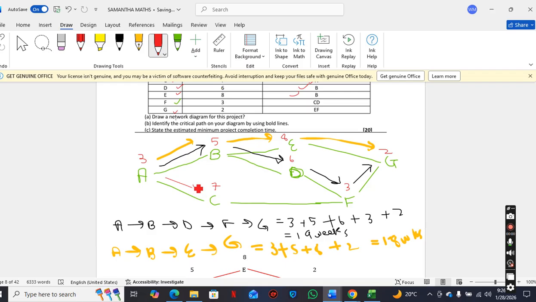Then you can also look from A to C, C to F, F to G. So that would be 3 plus 7 plus 3 plus 2. 3 plus 7, 10. 10 plus 3, 13. 13 plus 2, 15 weeks.